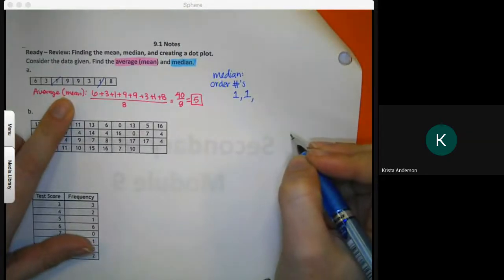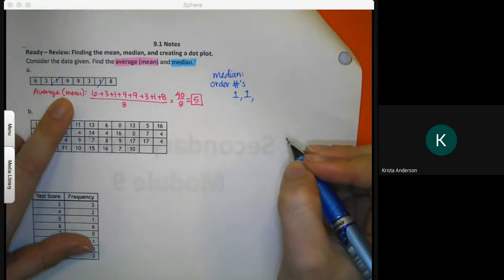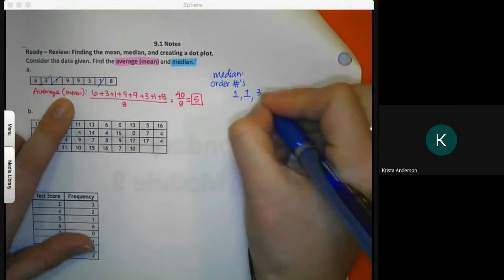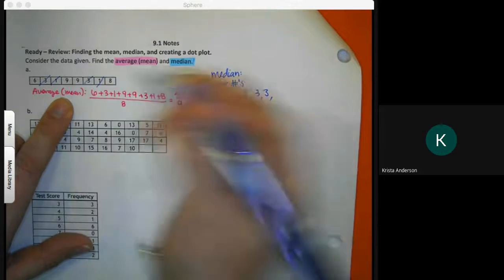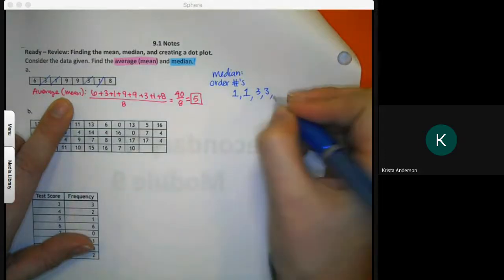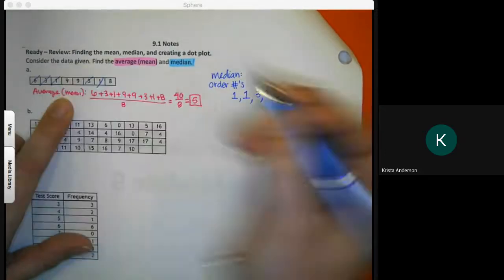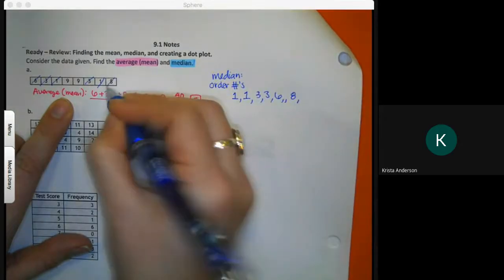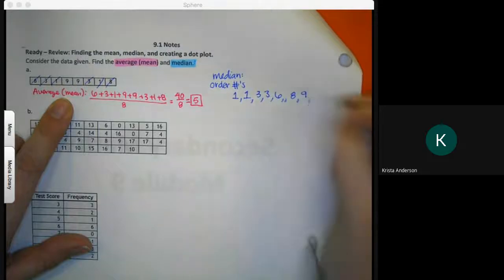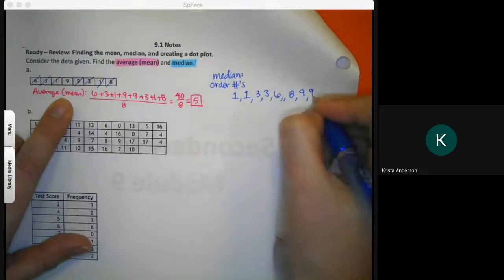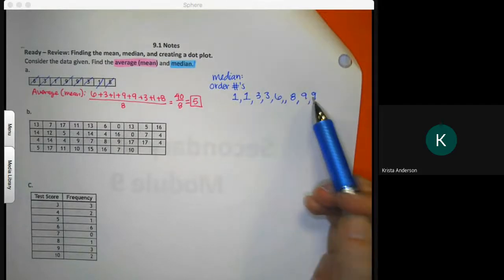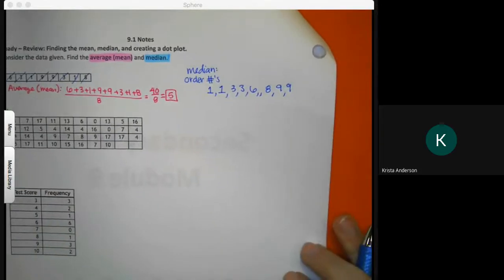Is there a 2? No 2. Then I check, is there a 3? Yep, 3, 3. No 4s, no 5s. There's a 6. No 7s. There's an 8. Then a 9 and a 9. I'm going to check: 1, 2, 3, 4, 5, 6, 7, 8. I placed my 8 numbers.